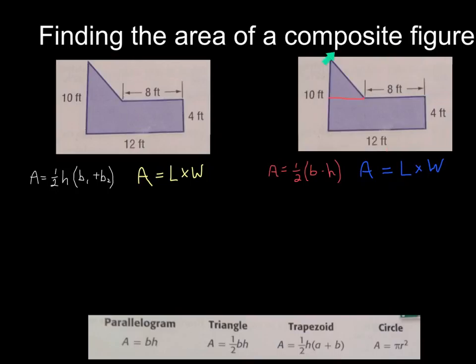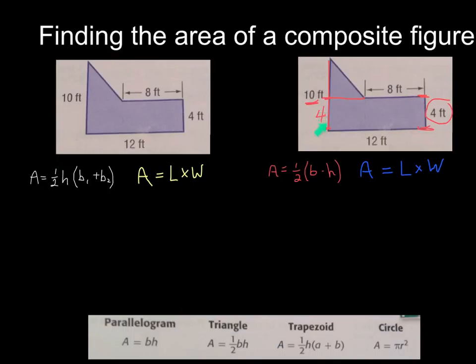So the first thing I'm going to do is find the area of this triangle. Now, these kind of problems become almost like little mini puzzles. Okay, so here's what I know. I know that from here to here in the triangle is 10 feet. Right there it says 10 feet. But if I look over here, I see the distance from here to here is 4 feet. So that means my distance here to here is also going to be 4 feet.